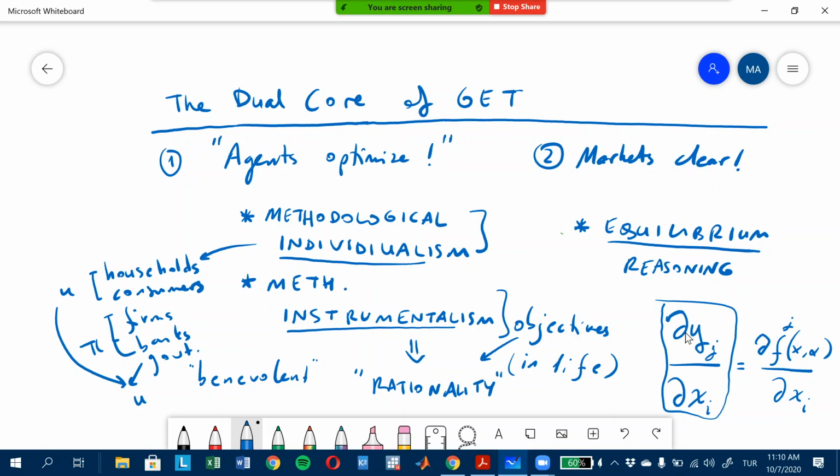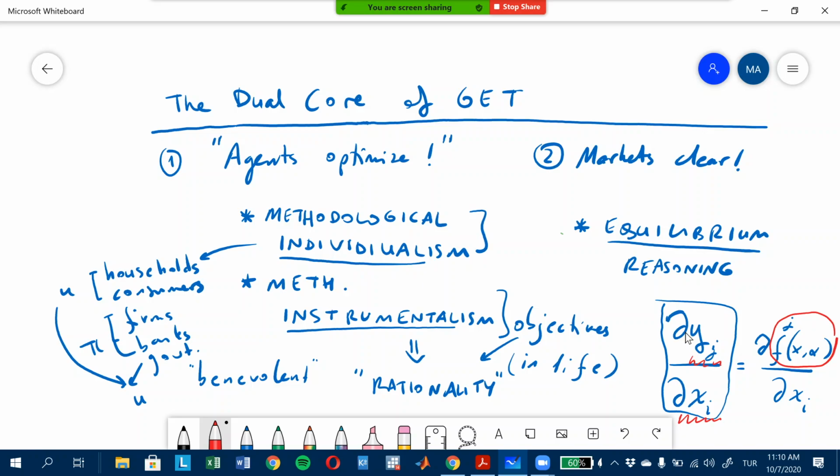So you can study the effect of variable x on variable j only after solving the model. This is the equilibrium reasoning.